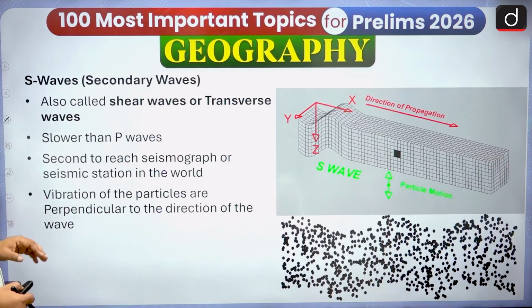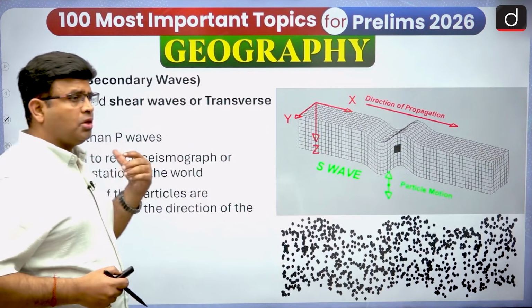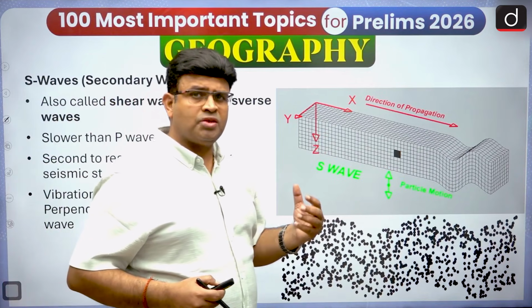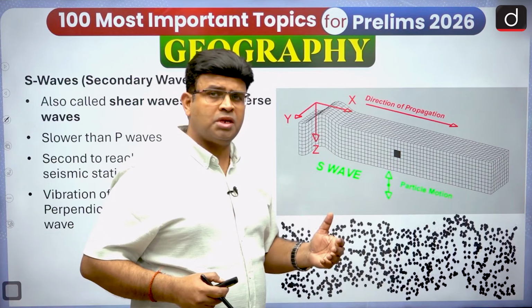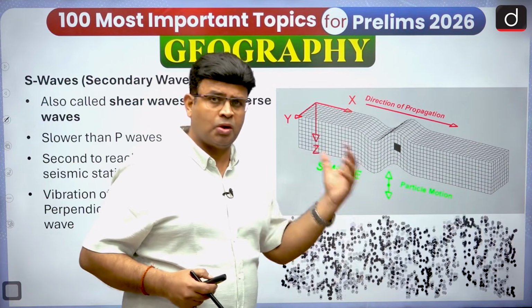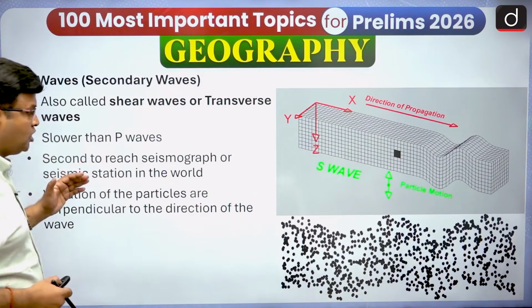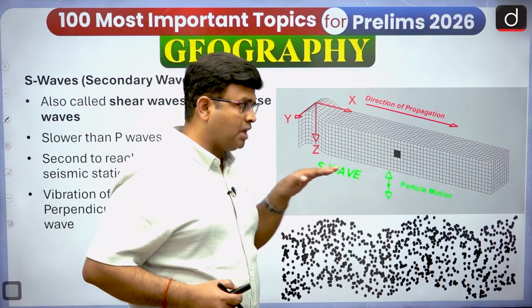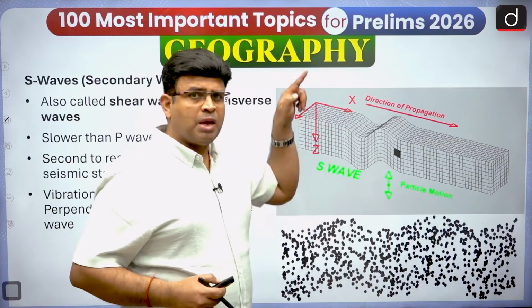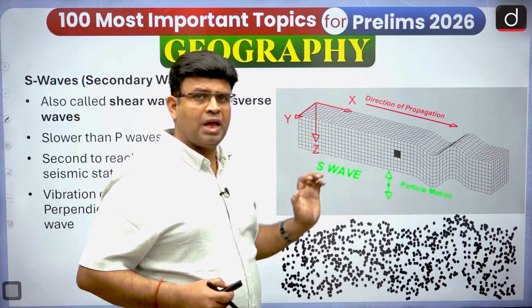Another one, the S wave. The S wave is a transverse wave, also considered a secondary wave, in which the vibration of the particles is perpendicular to the direction of the wave. The direction of the wave is this, but the vibration is taking place perpendicular like this.